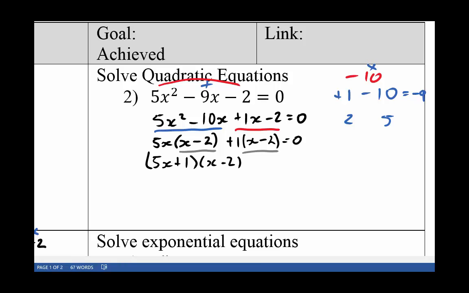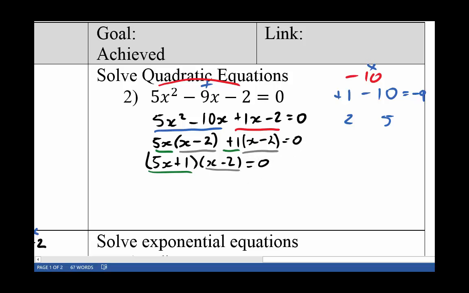So how I did that, to make sure 5x plus 1 goes there, and x minus 2 and x minus 2, that goes there, and it's still equal to 0. Notice how I've gone 0, 0, 0, all the way down, okay?